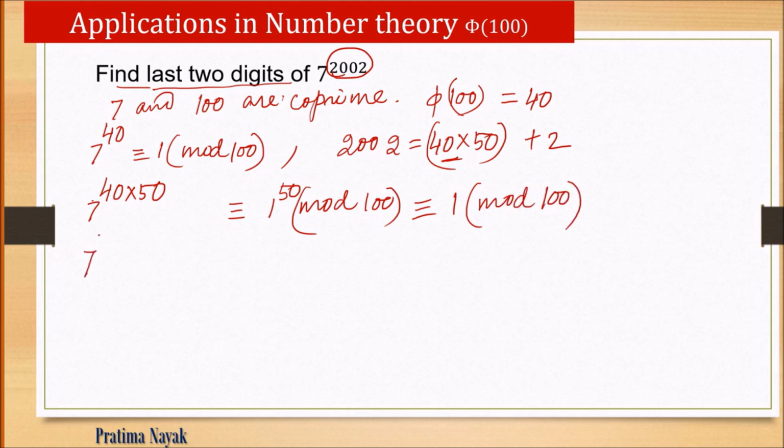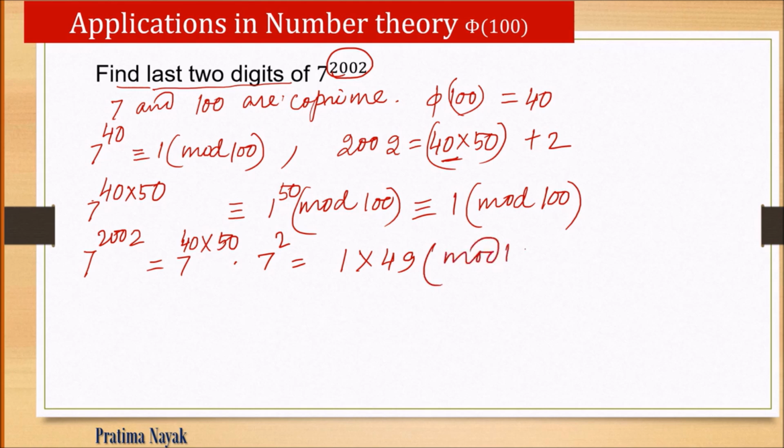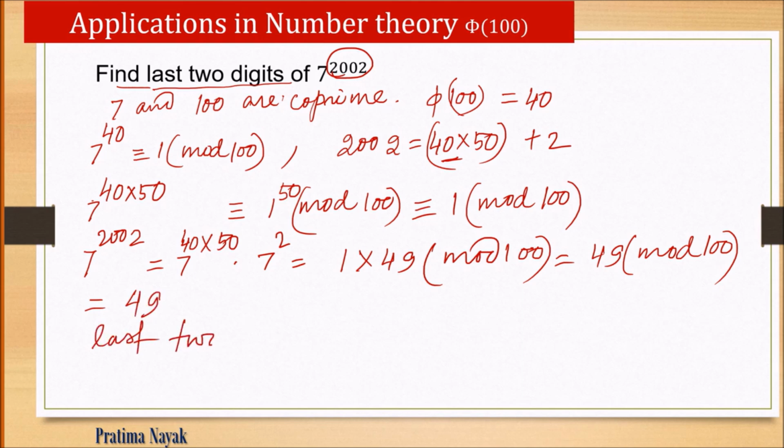So 7 power 2002 can be written as 7 power 40 into 50 multiplied by 7 power 2. So it will be 1 into 49 modulo 100. That will be 49 modulo 100. So it is 49. The last two digits are 4 and 9.